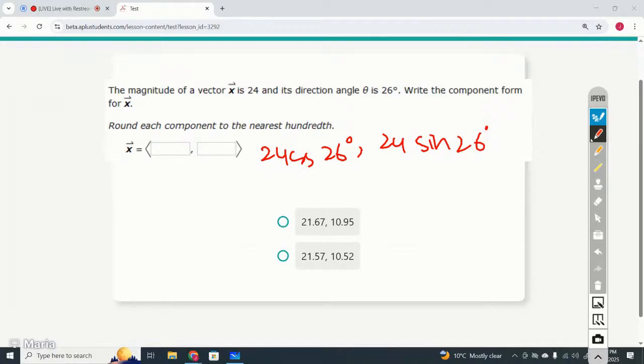So let's just use the calculator. Cos 26 is equal to 0.8987. Sorry, wait.